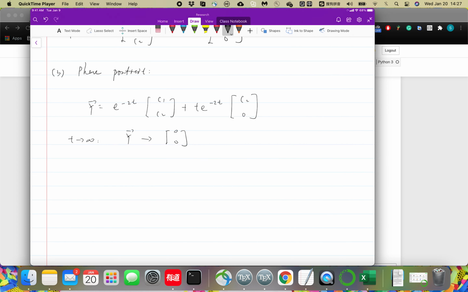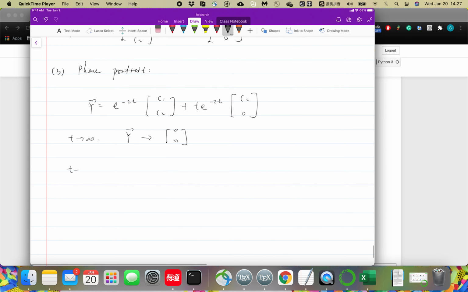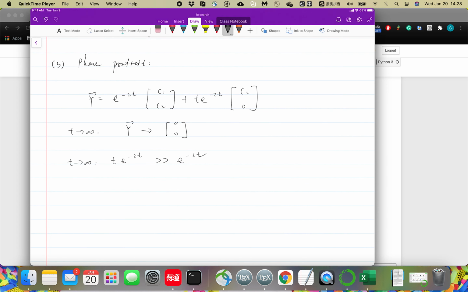Okay. Second, as t goes to infinity, this one is way bigger than this part, because you have another t there. So this part is equal, but this one has an additional part.